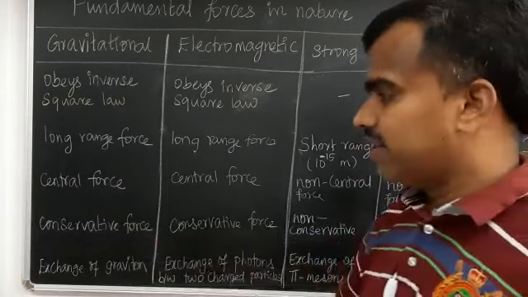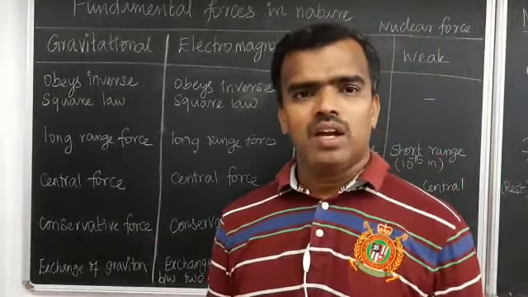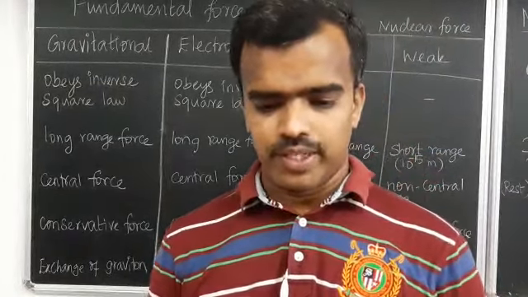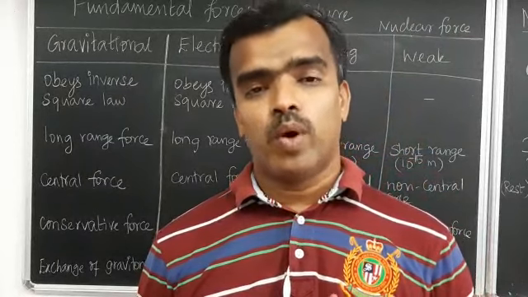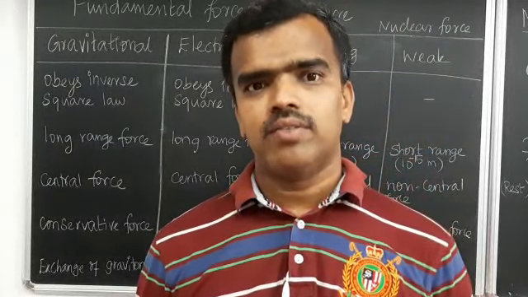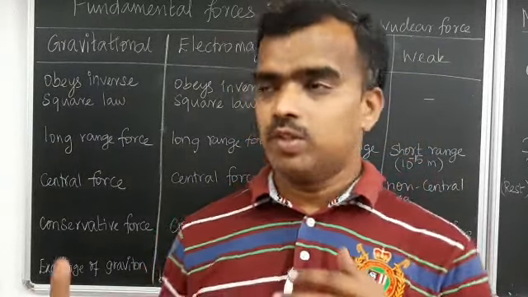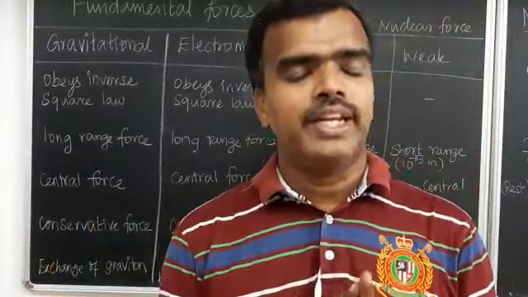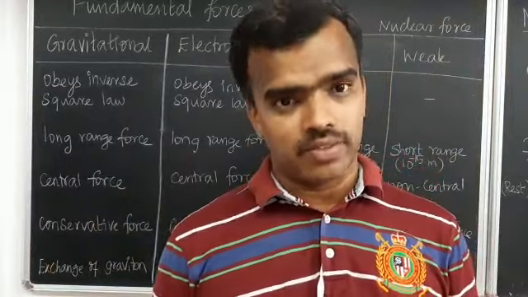And conservative force, what is called conservative force? If you are doing some work, and that work is independent of the path, whether you are choosing gravitational, electromagnetic or nuclear, that is why we call it a conservative force.